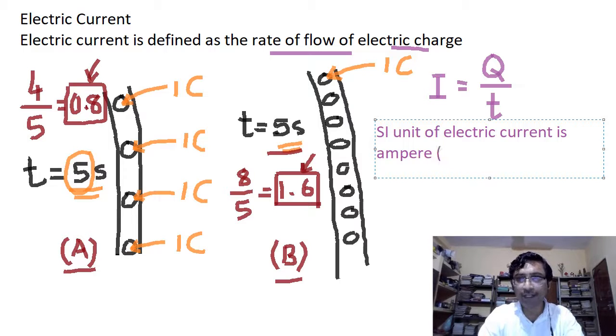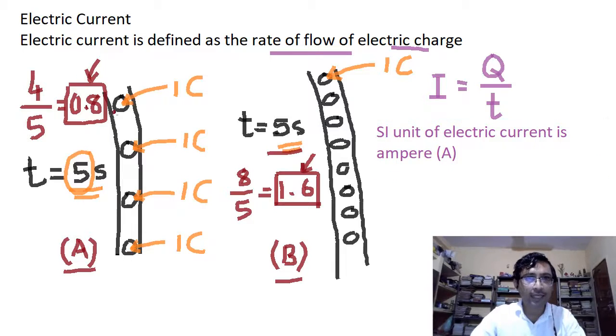It is abbreviated as uppercase A. So in this case, the electric current flowing through this wire is 0.8 ampere. We'll just write it down. It is 0.8 ampere, A, and in this case it is 1.6 ampere.